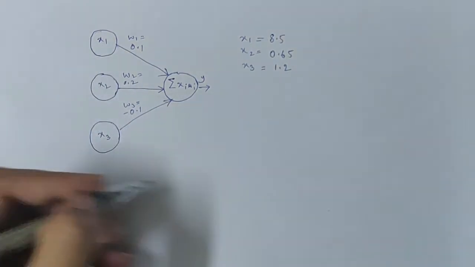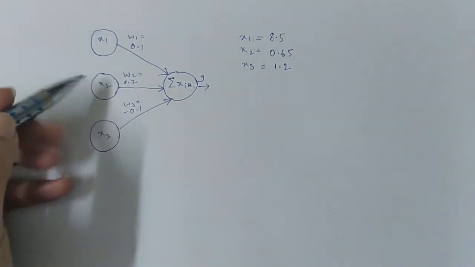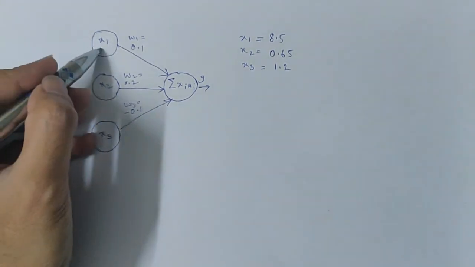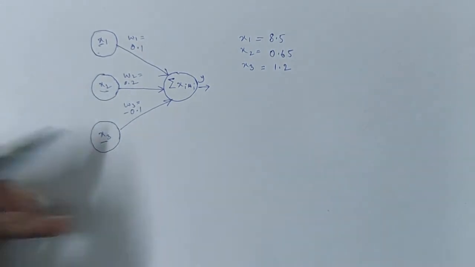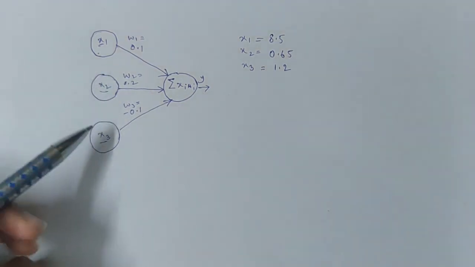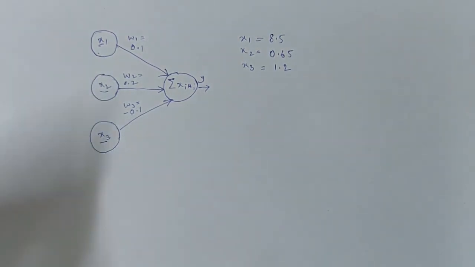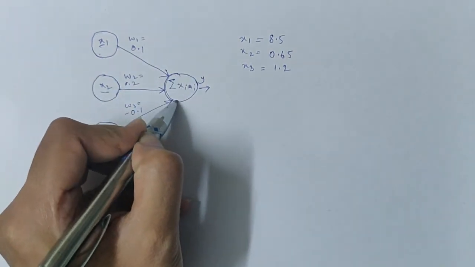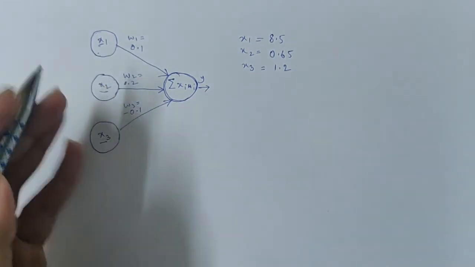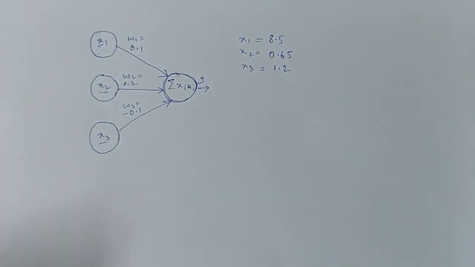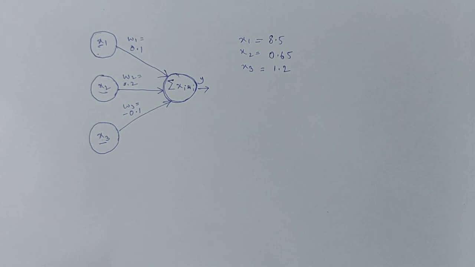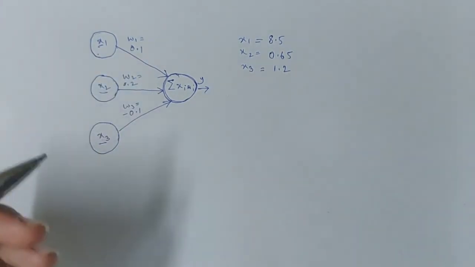Assume this system. What is this system? There are three nodes. They are labeled as x1, x2 and x3. I can input any value for these variables x1, x2, x3, and there is this processing node, and all of these nodes connect to the processing node through arcs or edges, and each edge has a weight, as we have seen.